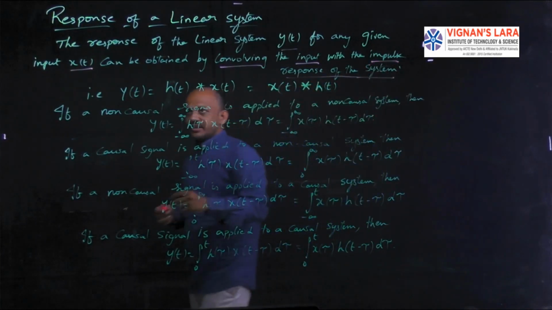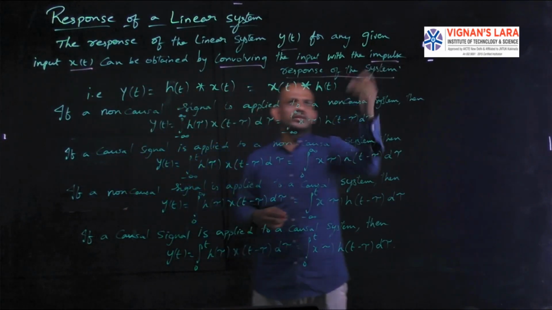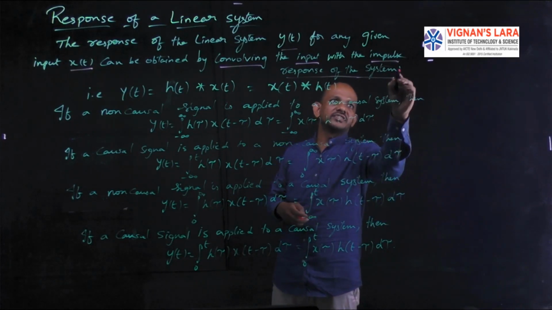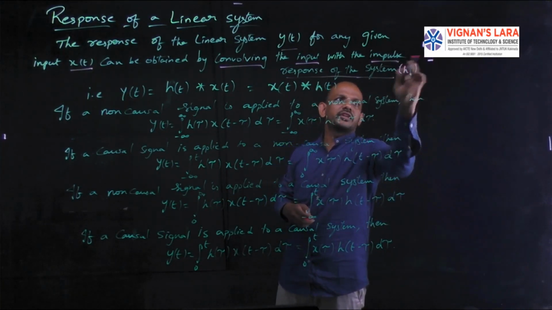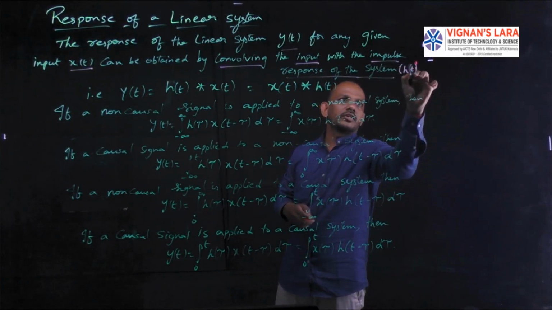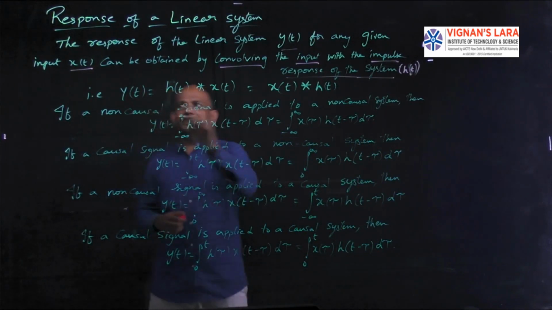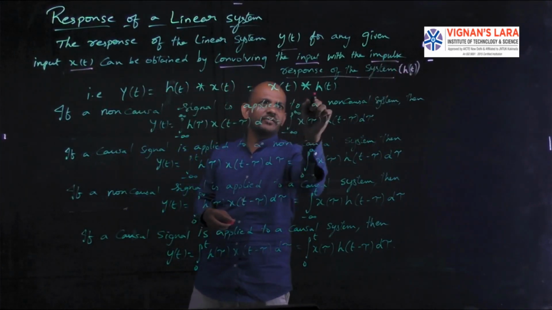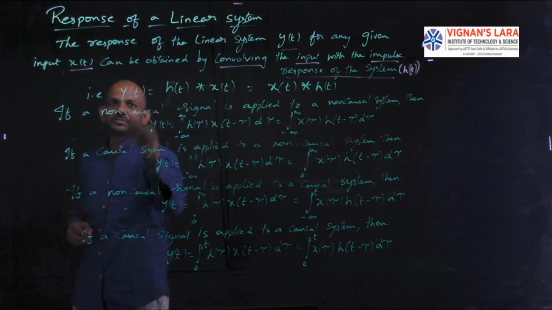Here I am considering the input as x of t, and we know the impulse response of the system is represented with h of t. Now I have to convolve this x of t with h of t. So x of t convolution h of t will give the response of the system, that is y of t.